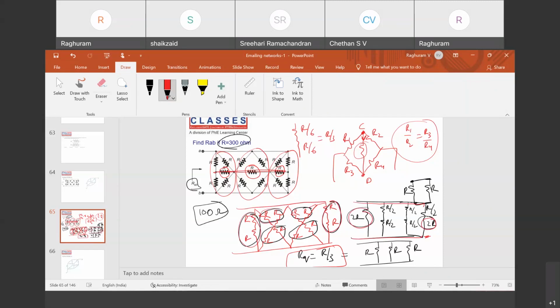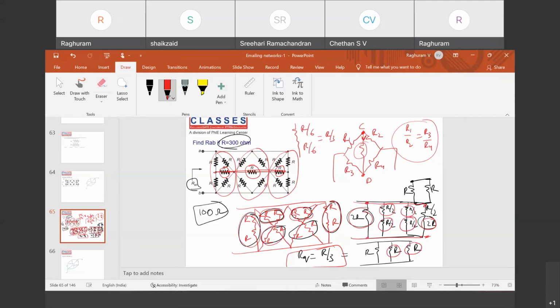These two are in parallel, so R and R parallel is R by 2. Again, down here these two are in parallel, R by 2. This is R by 2 again, and here also R by 2. Now R by 2 and R by 2 are in series, so it will become R. Here you see this 2R, this 2R.